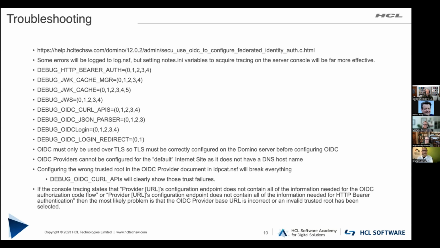A couple of the key ones are that OIDC must be used over TLS. It is a hard requirement in the spec. So if you do not have TLS properly configured on your Domino server, you won't be able to use OIDC or HTTP bearer authentication. Both are only supported over TLS.